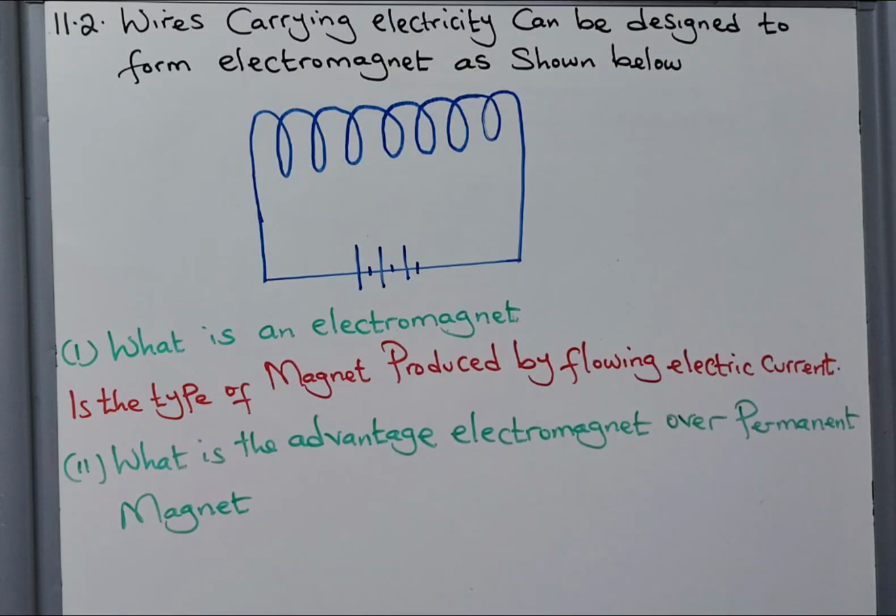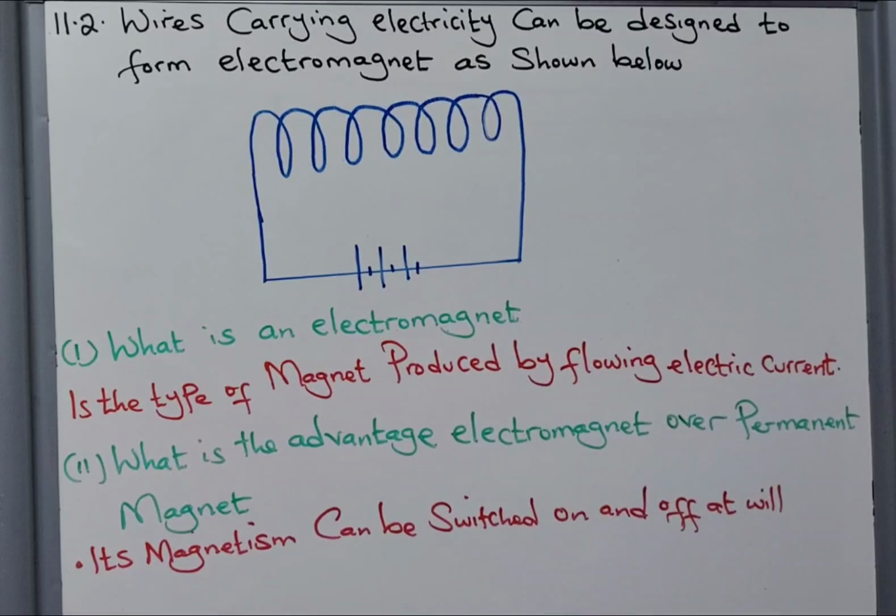The first one is that an electromagnet can be switched on and off at will. You can decide to make it a magnet or switch off and the magnetism disappears. That's the first advantage.